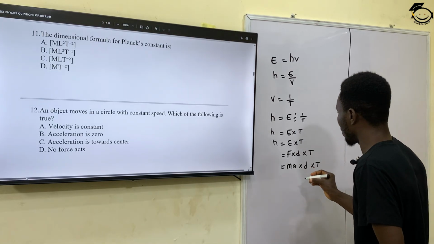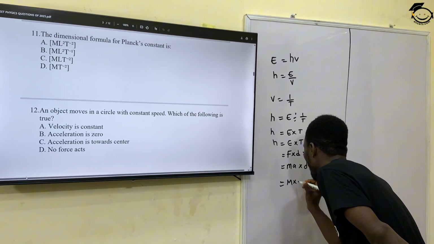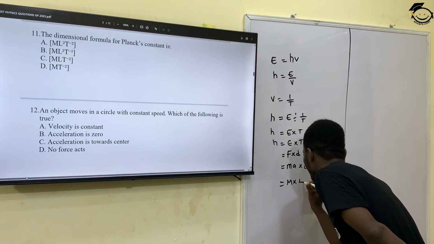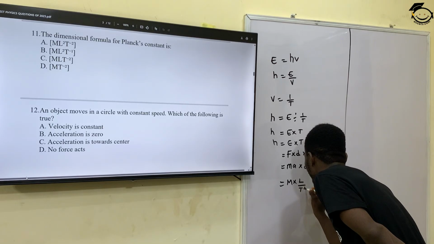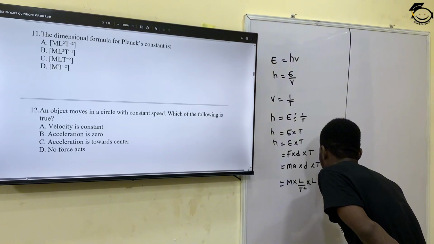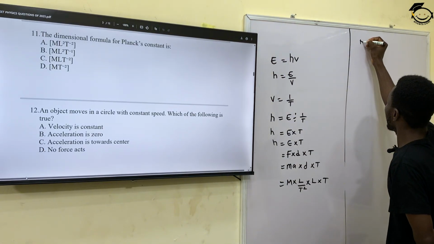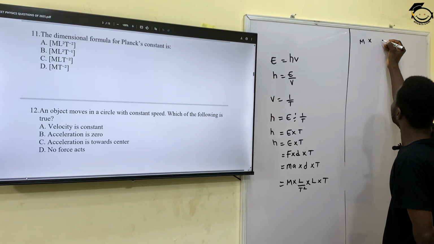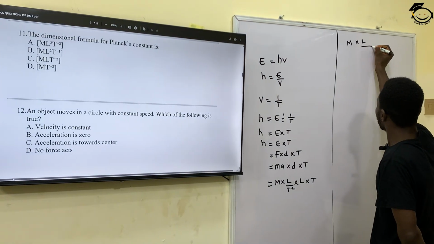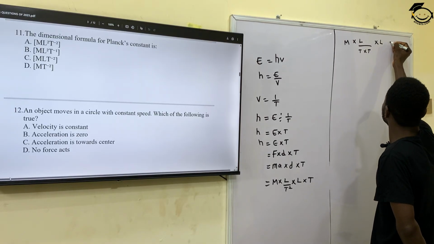So with this, we know that our dimension, therefore, is mass times our acceleration, which is length per time squared, times my distance, which is length, and this is times time. So this means that I have my dimension to be M times L over T squared times L times T.